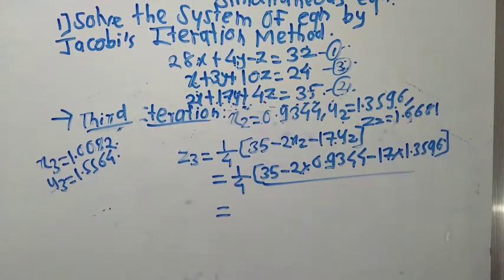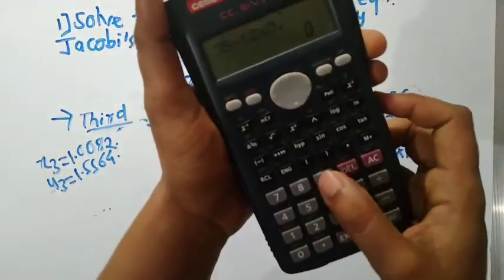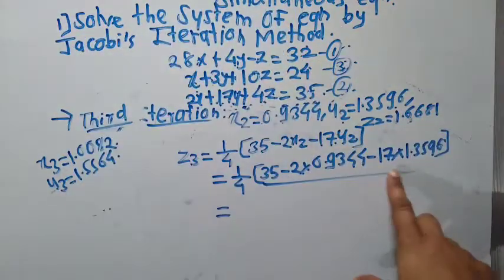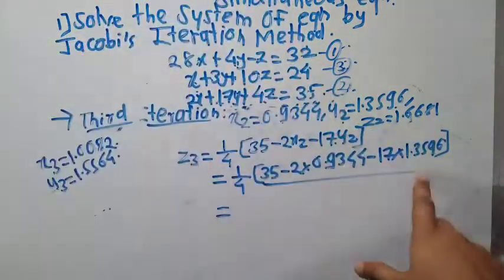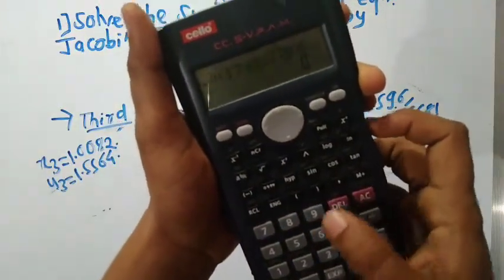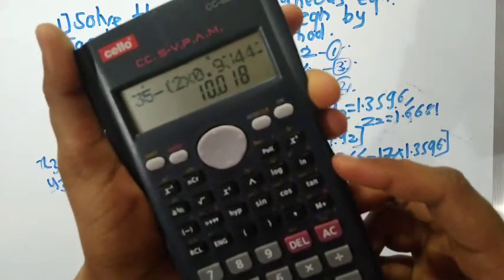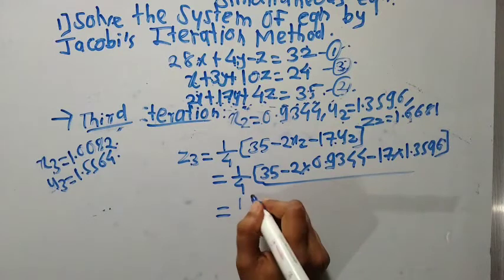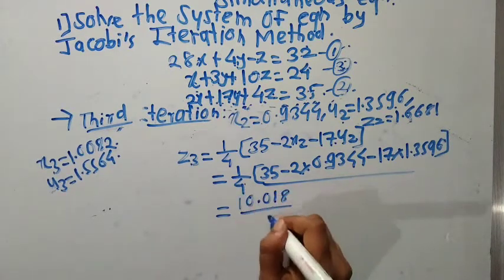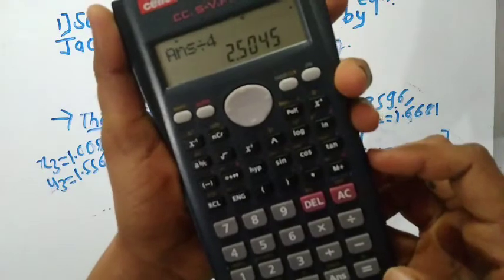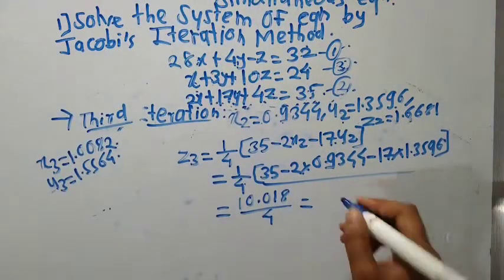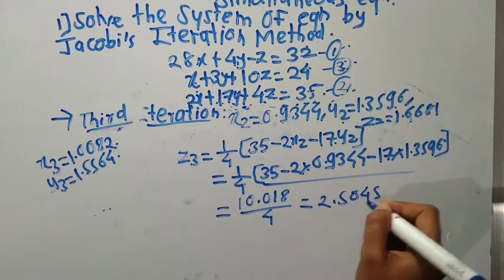Then first find out this value. 35 minus 2 into 0.9344 minus, in bracket, 17 into 1.3596, which is equal to 10.018. 10.018 divided by 4 is equal to 2.5045.